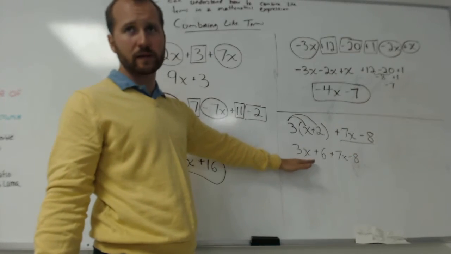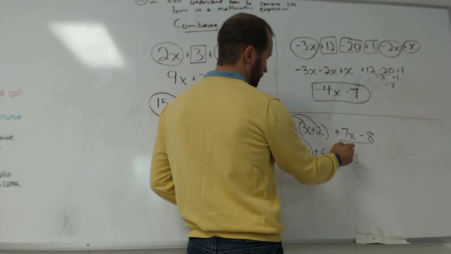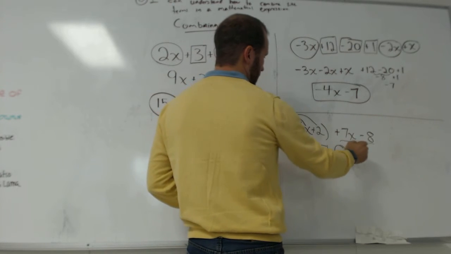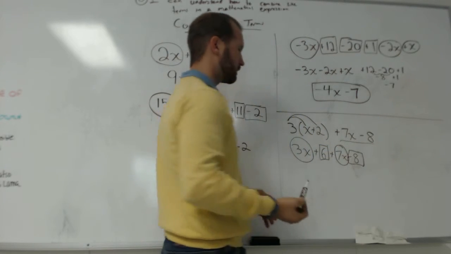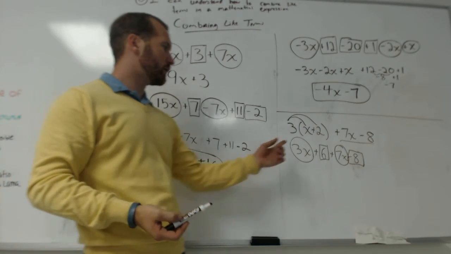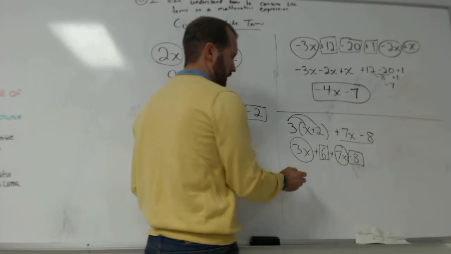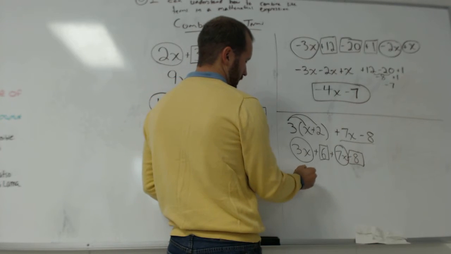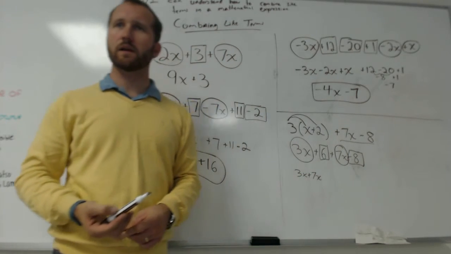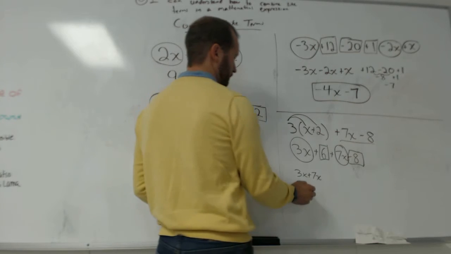Now I have no parentheses in my way, so I can circle all my x terms and put in boxes my constant terms. 3x plus 7x is going to give me 10x.